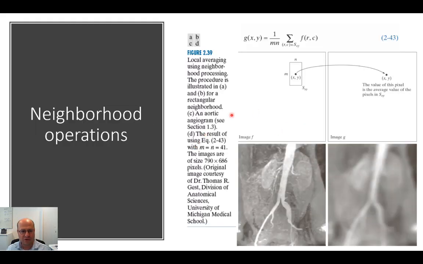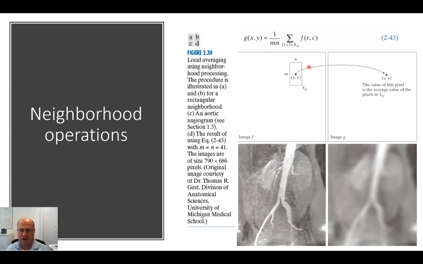Neighborhood operations, we're going to see loads of these, but just to give you a general idea, we now know everything about the neighborhood of a pixel, right? So I use this neighborhood in some sort of calculation, and then apply the results of this calculation to the pixel itself.